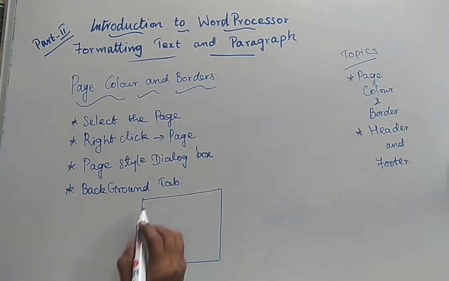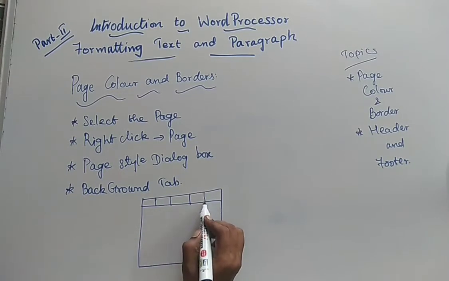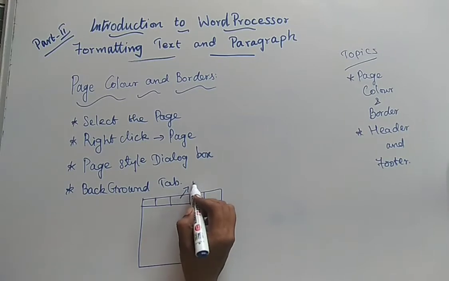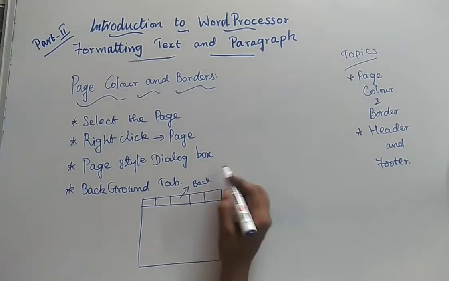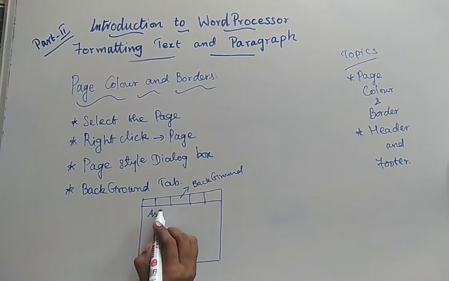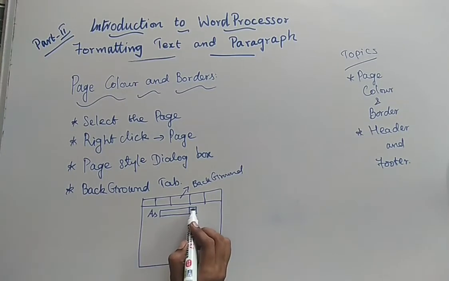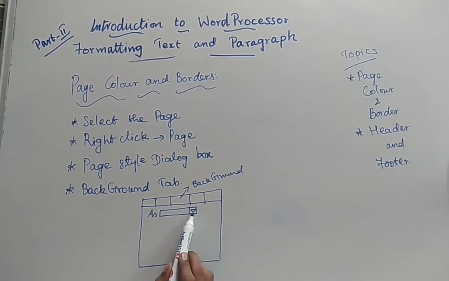Here you will be having many tabs. Here only you will have your background tab. When you click this, here you will have an option. You have to click it here.